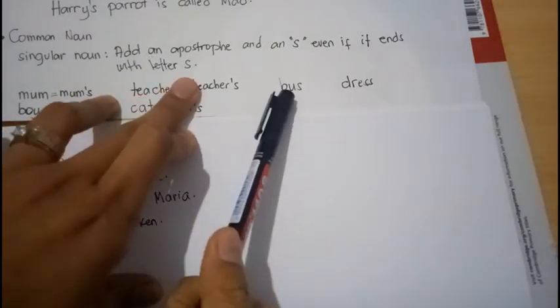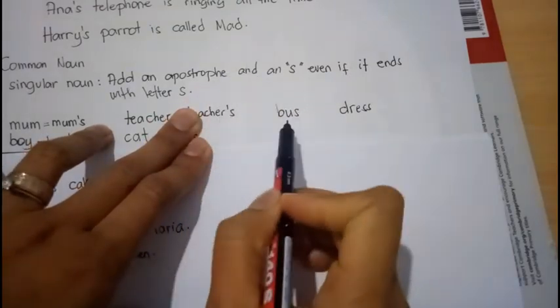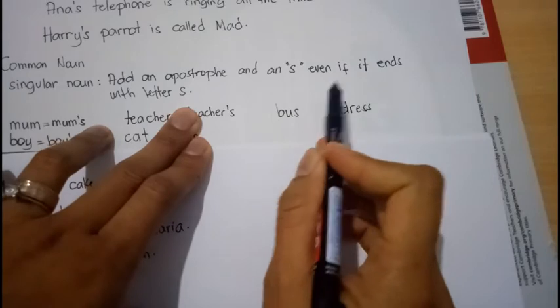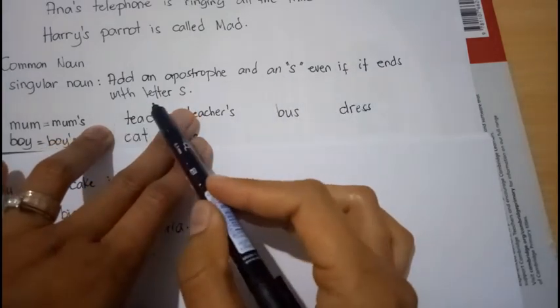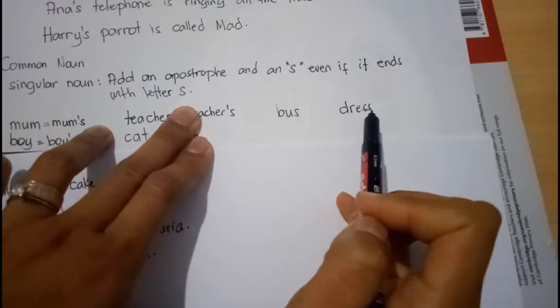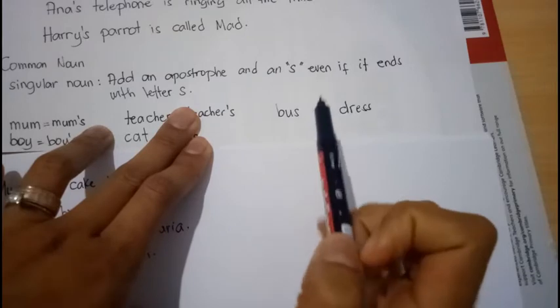For example, we have the words bus and dress. These words end with letter S. Even if the word ends with letter S, like bus and dress, we still add an apostrophe and also add an S to it.